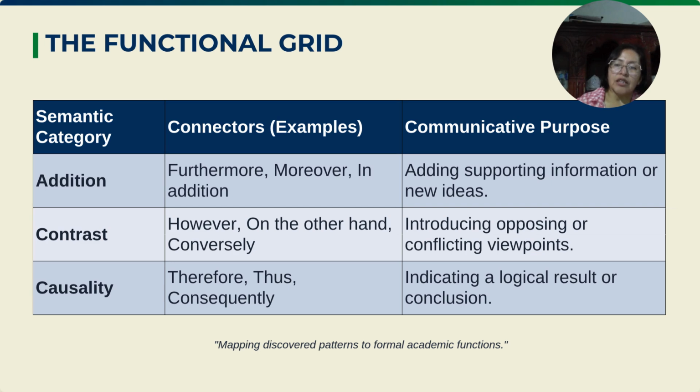Its purpose is introducing opposing viewpoints, using words like however or on the other hand. And third, causality. Its purpose is indicating a logical result, using words like therefore or thus. This grid helps our students choose the right connectors for their academic writing.